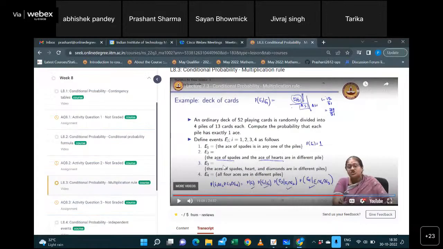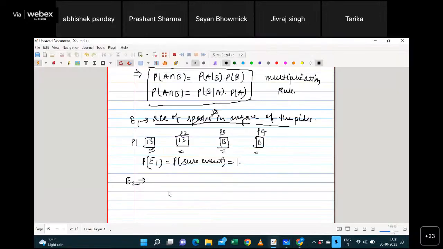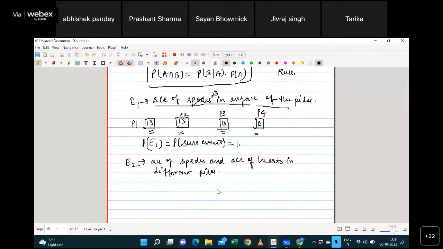E2: ma'am has taken that the ace of spades and the ace of hearts are in different piles. Okay. So now we have to think what we can do.